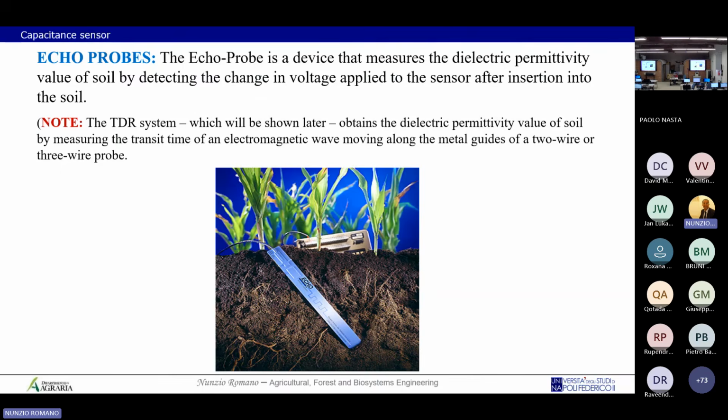The disadvantage of this kind of indirect probe is that you need a good calibration to obtain a good value of soil water content. A good calibration depends on the accuracy that you need for your investigation.